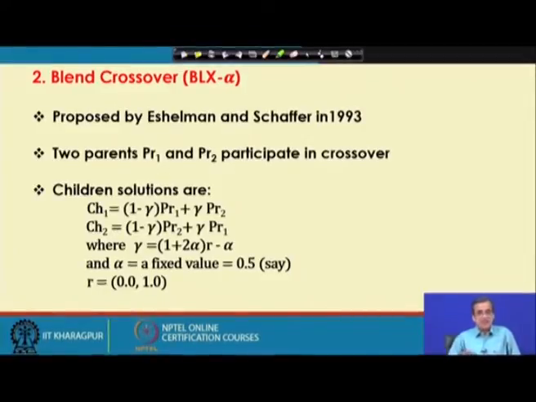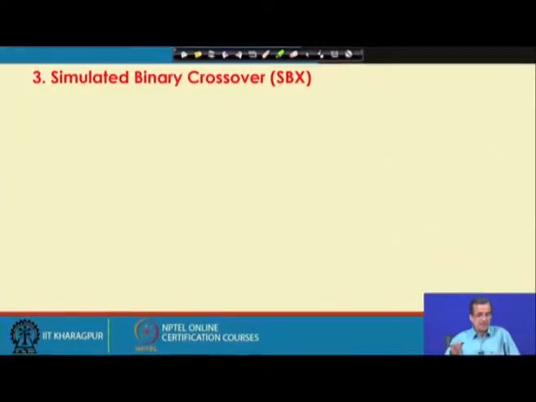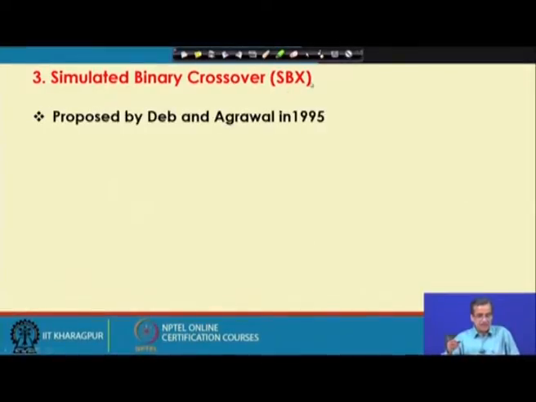This particular method gained some popularity, but after that some more powerful crossover operators were proposed. For example, we have the simulated binary crossover, popularly known as SBX, that was proposed by Deb and Agrawal in the year 1995.